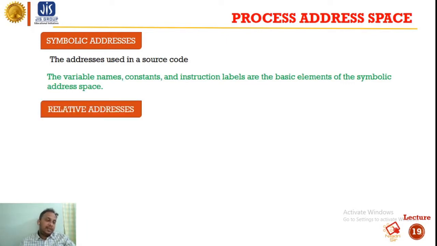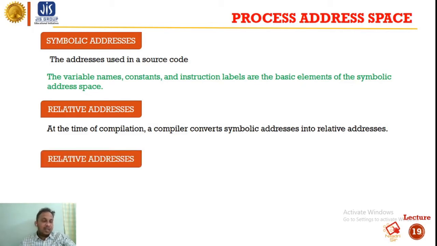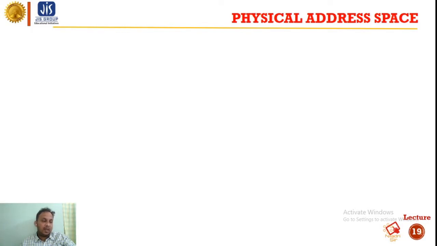What are relative addresses? At the time of compilation, a compiler converts symbolic addresses into relative addresses. And physical addresses: the loader generates these addresses at the time when a program is loaded into the main memory. So virtual and physical addresses are the same in compile time and load time.